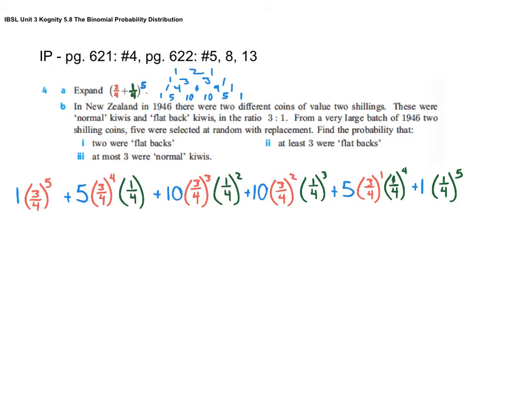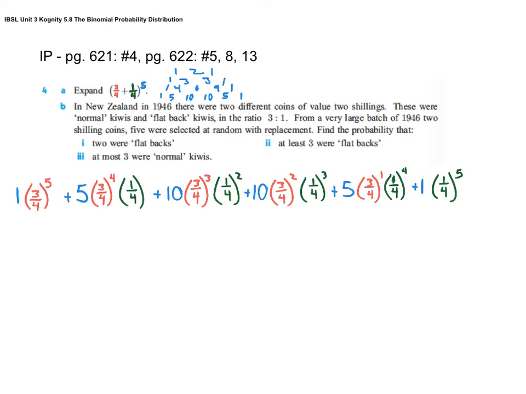So if I pick a coin out, and it happens to be a normal kiwi, the next one is still going to have a 3/4 chance of being normal and 1/4 chance of being flatback. In other words, every time I pick a coin out, I'm having exactly the same probabilities.